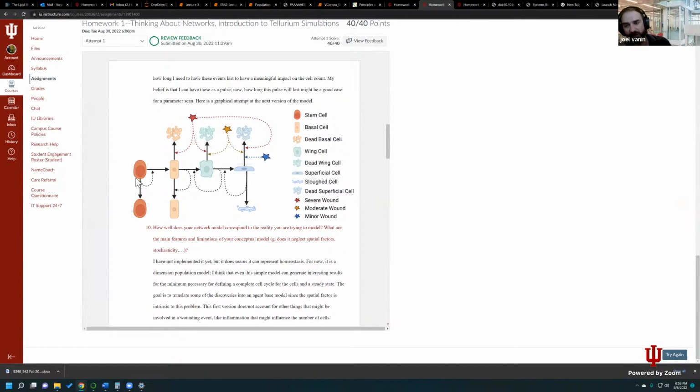That's another thing we can introduce to this type of modeling. I'm just talking about the very superficial part of the cornea, the epithelium, but there's also the stroma and other elements that compose the cornea. Those are more spatial problems than a dynamical population model.